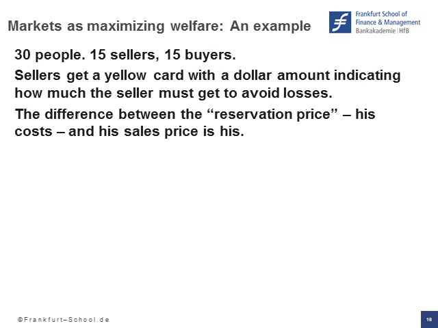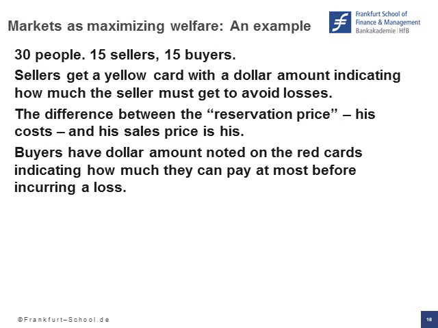The difference in general between the reservation price, that's the thing on the card, the seller's cost, and the sales price is the seller's profit. Buyers have a dollar amount noted on their red cards, just analogously, and that shows how much they can pay before making a loss.